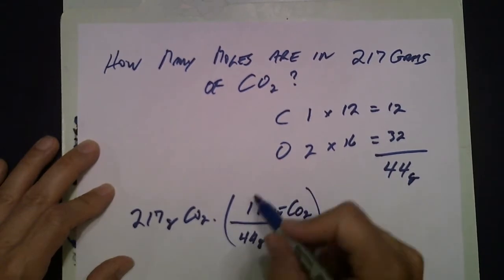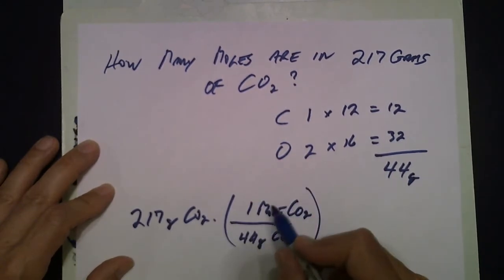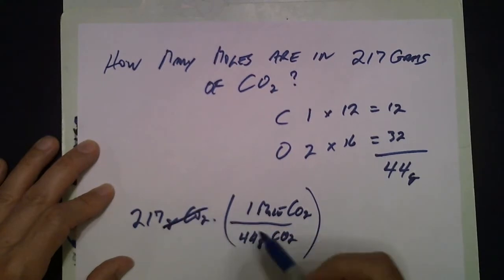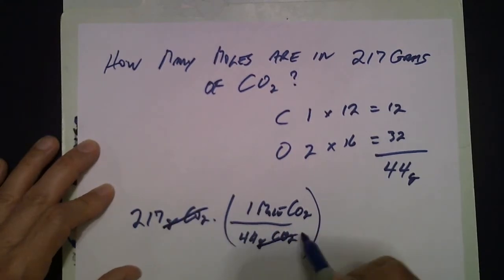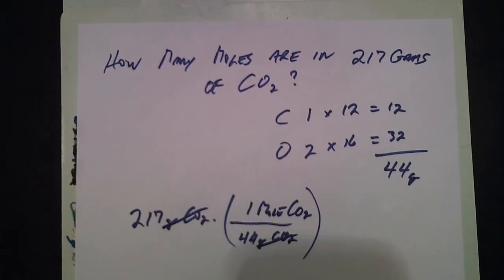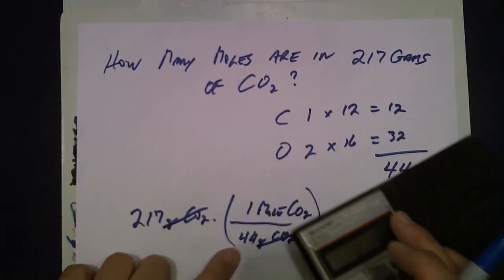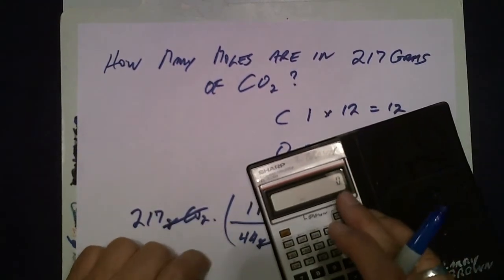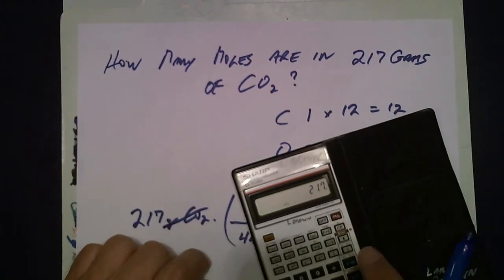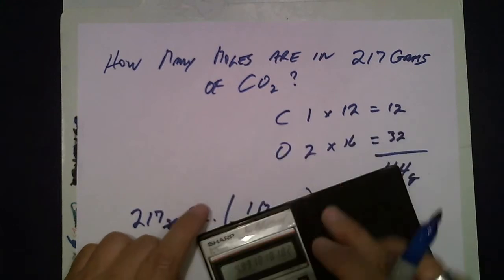Okay, so this is our 1 because that equals that, and we're converting this. So grams of carbon dioxide cancel out. So basically I've got 217 divided by 44 times 1.